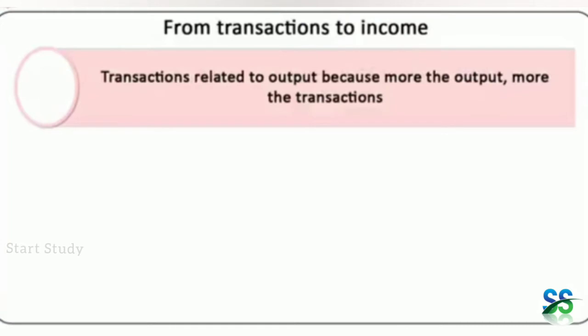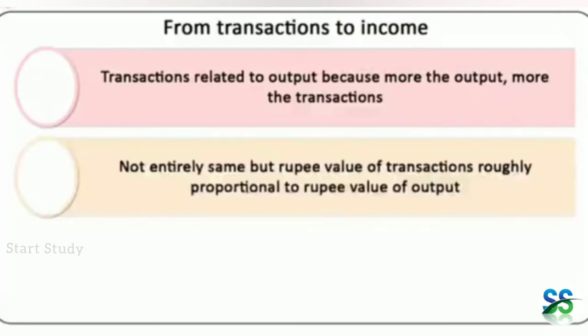Now, let us study from transactions to income. Transactions are related to output because the more the output, the more the transactions. Although they are not entirely the same, the rupee value of transactions is roughly proportional to the rupee value of output.